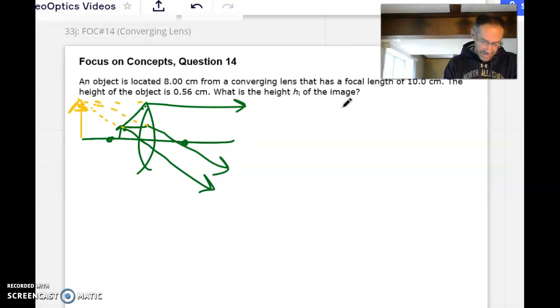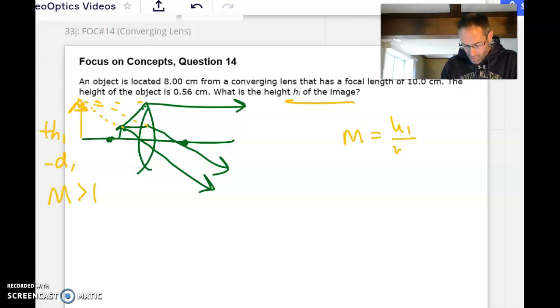So I'm expecting a positive HI, I'm expecting a negative DI, and I'm expecting a magnification that's more than 1. Let's see if we get all of those things, particularly the HI, because that's what they're asking for. If I wanted the height of the image, that's pretty easy. I know that the magnification is hi over negative di, which is also ho over do.